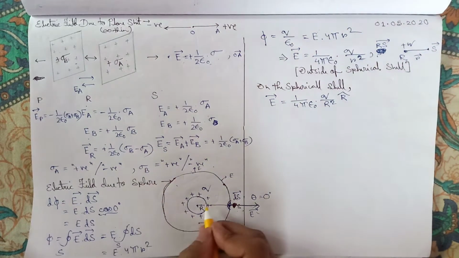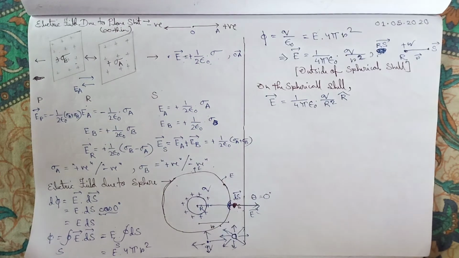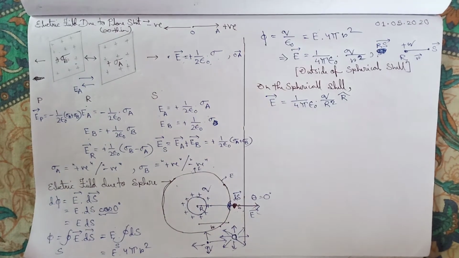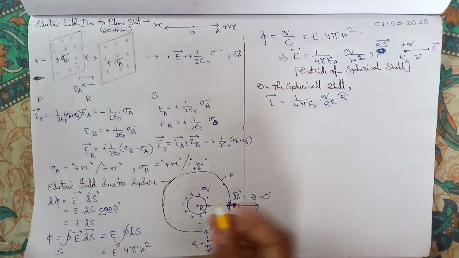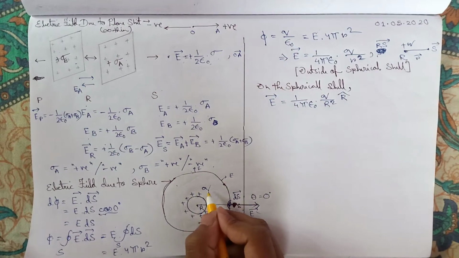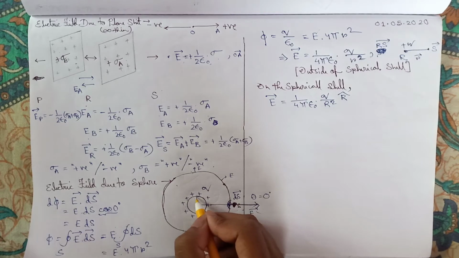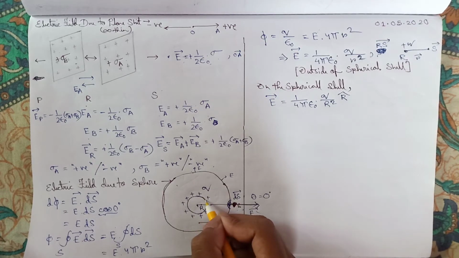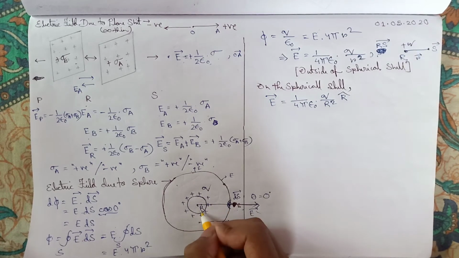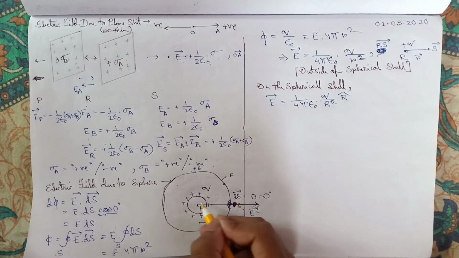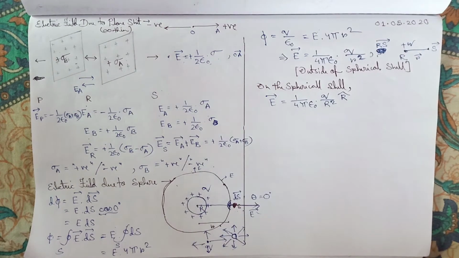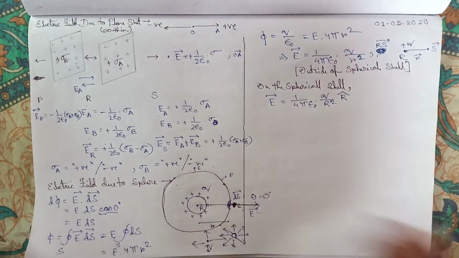Now what if this point S lies inside this spherical shell? Then there will be a problem. What will that problem be? We already saw in the spherical shell, the charge is on the outside, on the surface of this sphere. So there is no charge inside this sphere, right? There is no charge here, no q.